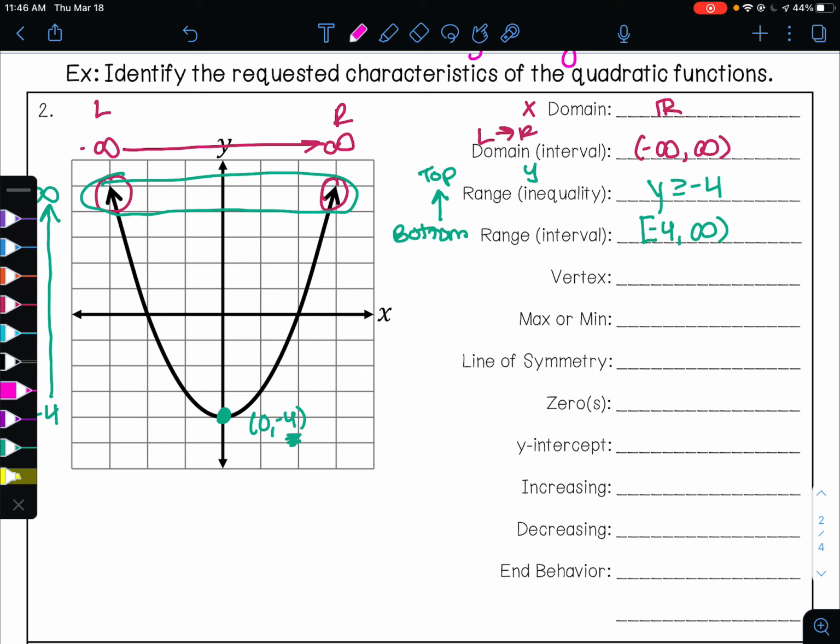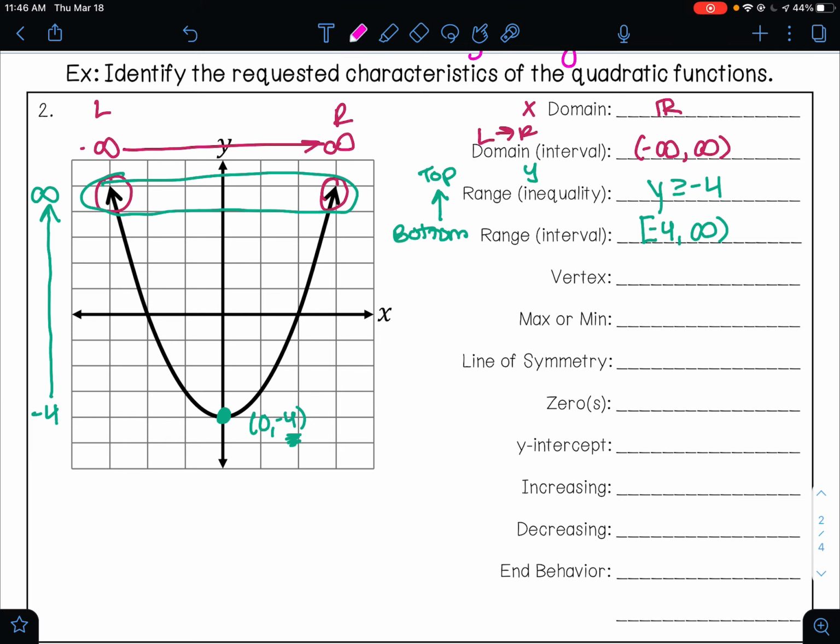Our vertex, we said already, is this point right here, which is the ordered pair 0, -4. This vertex is a minimum value because it is on the lowest point of the graph.